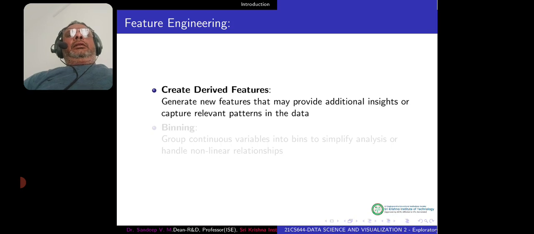Then we have feature engineering. Here we create derived features. The parameters available in the data may not be reflecting the information that we intend to capture. In such cases we need to transform the features and produce new features.